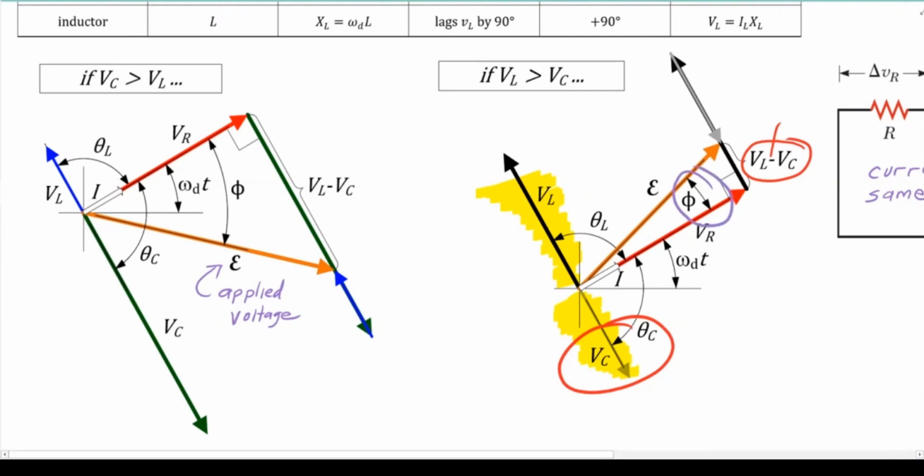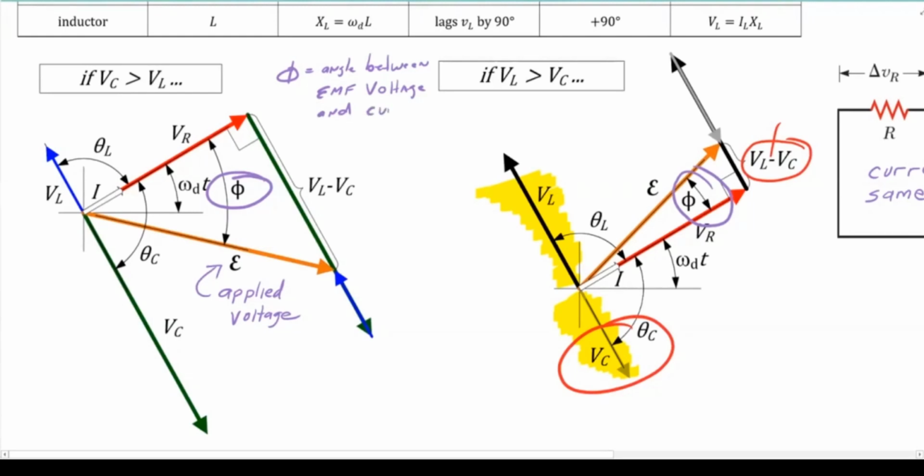Over here on the left, here's an example of angle phi. But angle phi is the angle between the EMF voltage and current.